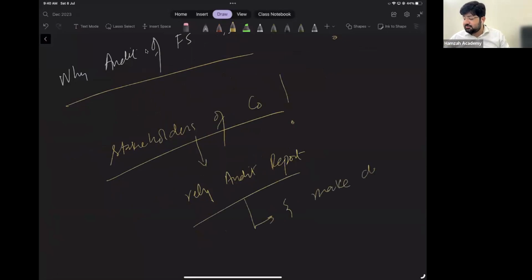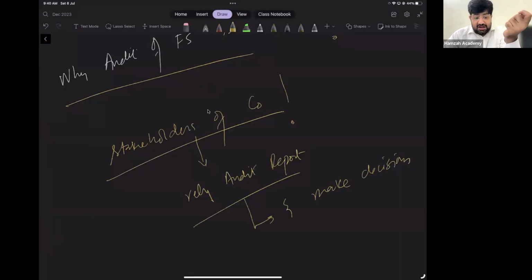For example, shareholders decide whether to invest in this company or not. Banks decide whether to give loan to this company or not.